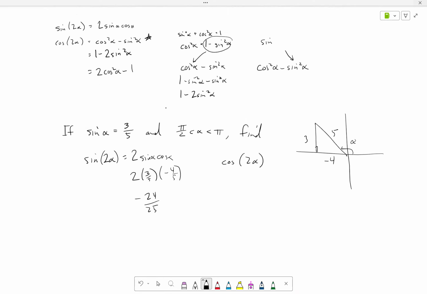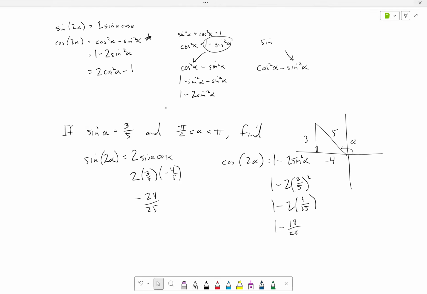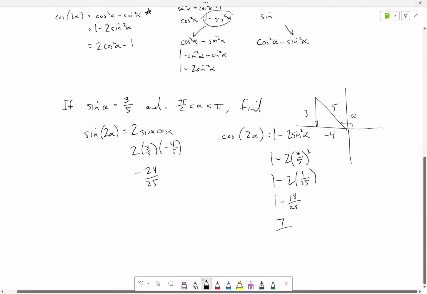I'll do that one just for fun: 1 minus 2 sine squared alpha. Sine is 3/5 squared. 1 minus 2 times 9/25. 1 minus 18/25. No matter what you use here, you get 7/25.